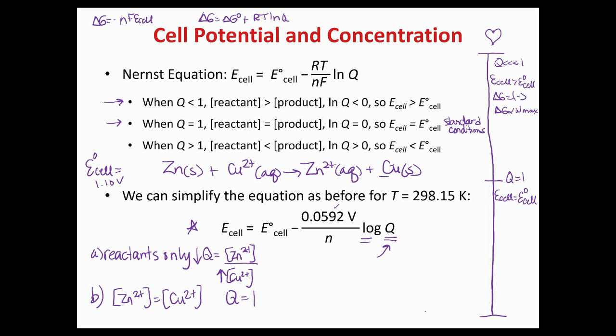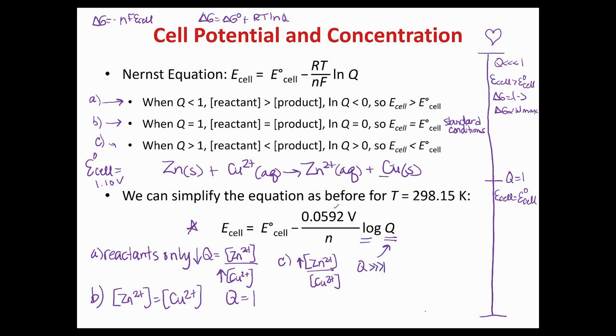Okay, the battery keeps going. This is A, B, and C, how I'm writing it down here. When you keep the battery going, you're going to get product heavy. Zinc is going to increase, and Q will be greater than 1.